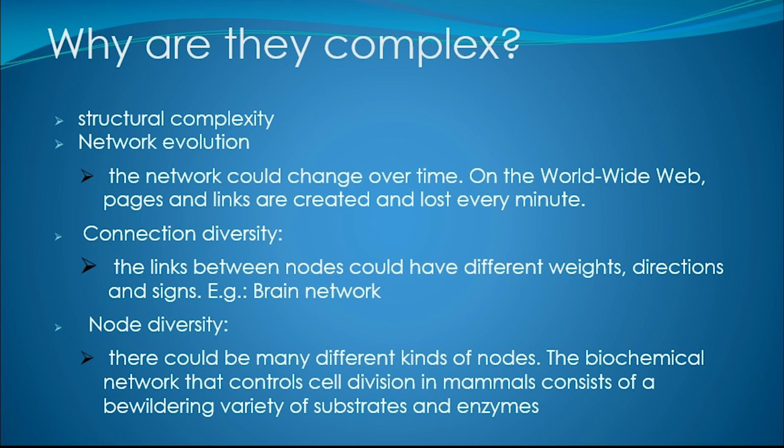For example, in the World Wide Web or the internet, you may have servers, routers, ordinary machines, etc. So they are called complex because they have structural complexity, they evolve over time, their connections are changing, and there are different types of nodes.